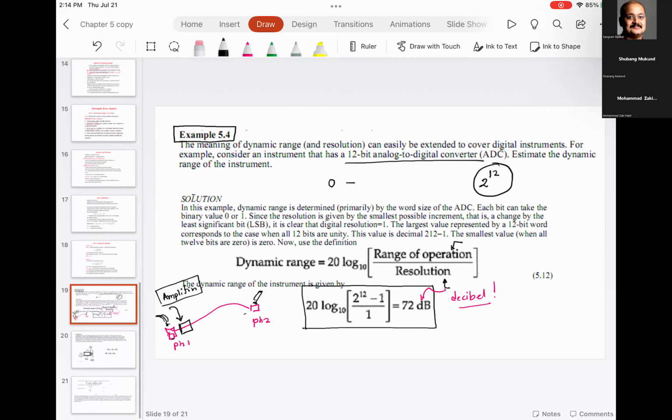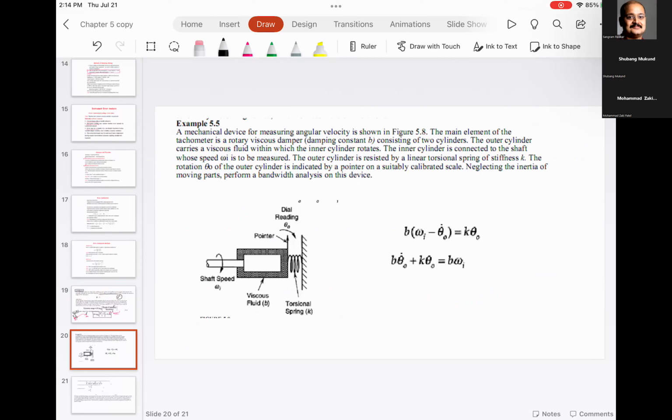So the next part is a very simple example wherein you have a damper, a torsional spring, and a shaft. And there is a pointer here, and this pointer is rotating.